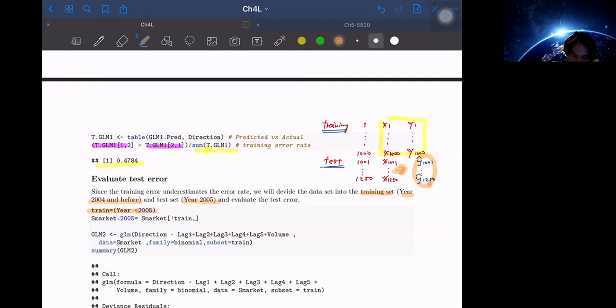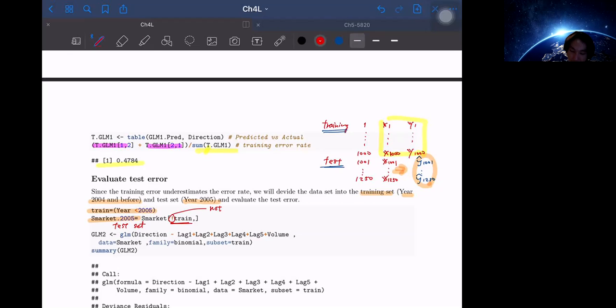Okay, and this is the test set, S market 2005. Because this is not train, the exclamation mark means not. So this is the test set. Basically, train is an indicator variable, and not train means the test set.